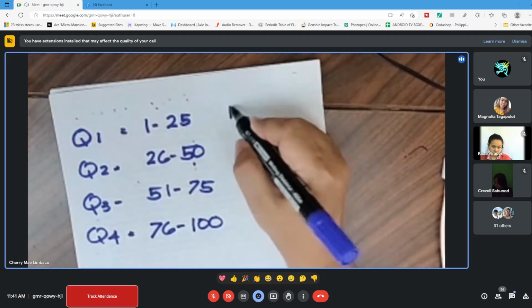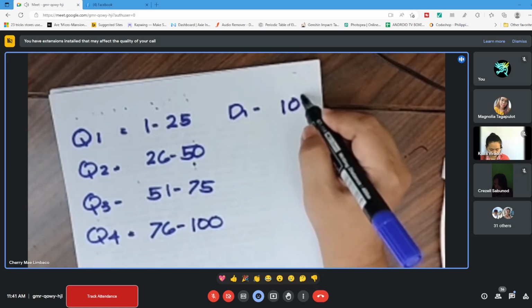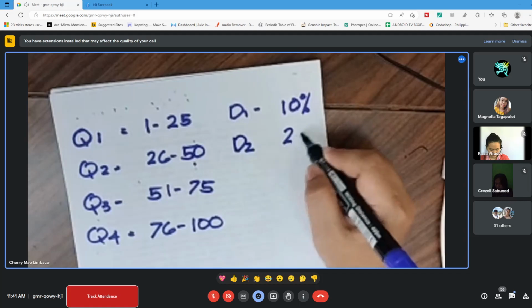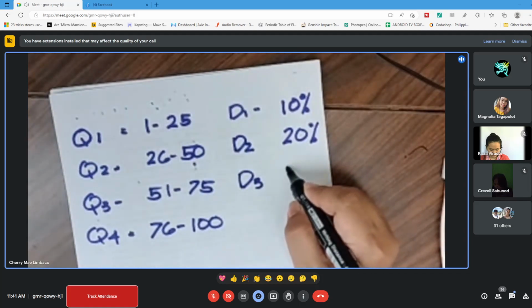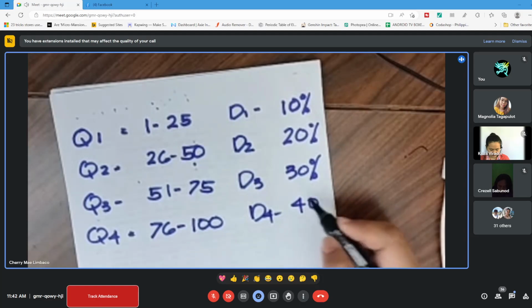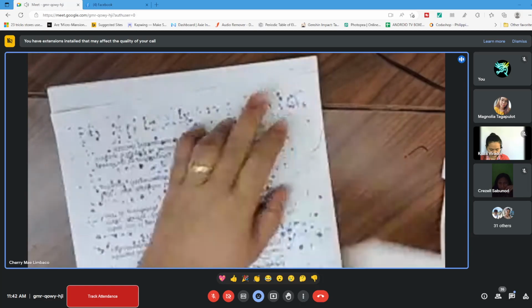Now, if we will have D1, pila man ang D1? This is going to be at most 10%. D2 is 20%. D3 is 30%. D4, 40%, until D10, which is equivalent to 100%. Kapag percentile, 1%, 2%, 3%, 4%, or 5%.